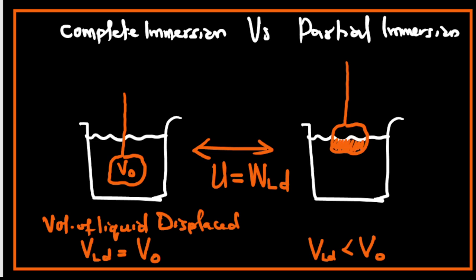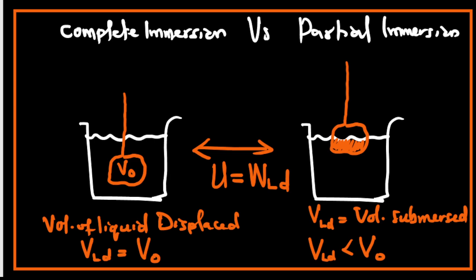So in this case, the volume of liquid displaced is only equal to the volume submerged, meaning the shaded part was the only part that displaced liquid. Please take note of that, because when we are solving problems, I will make use of this information.